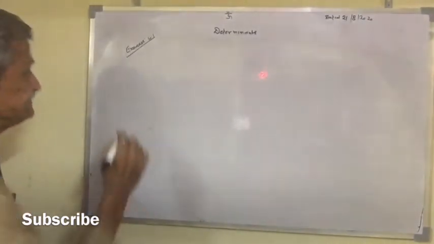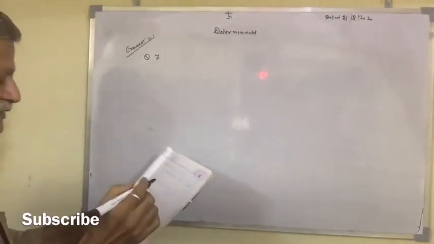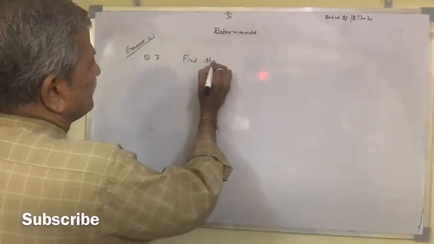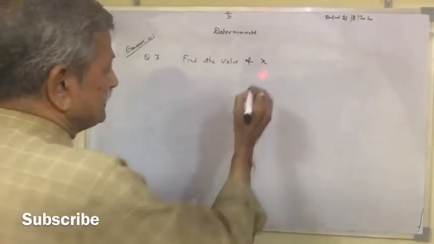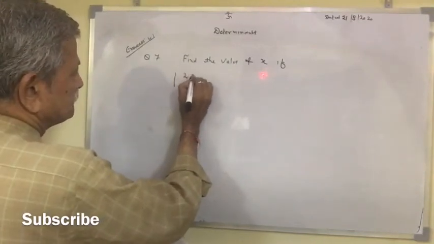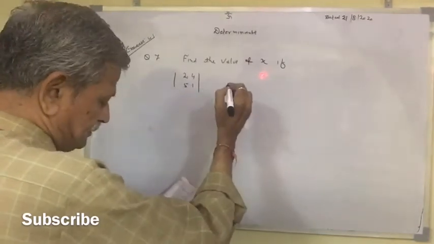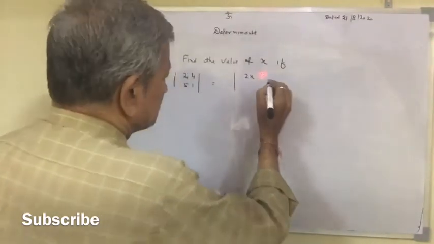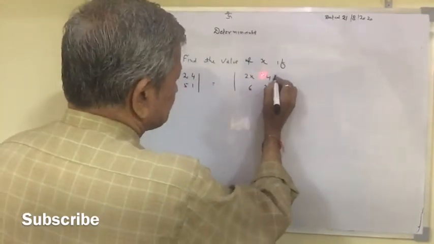Question number 7 says: find the value of x if the determinant of 2 4, 5 1 is equal to the determinant of 2x 4, 6 x.